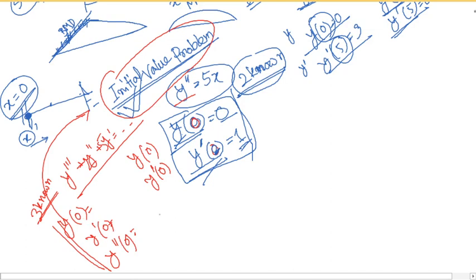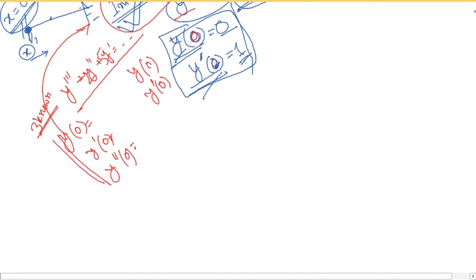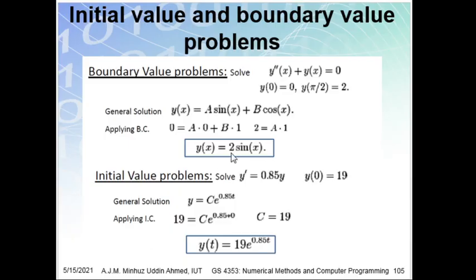So our main concern today will be initial value problems, and based on that we will be learning some methods or techniques to solve ordinary differential equations. So let's go back to the slide so that we can move further. Okay.